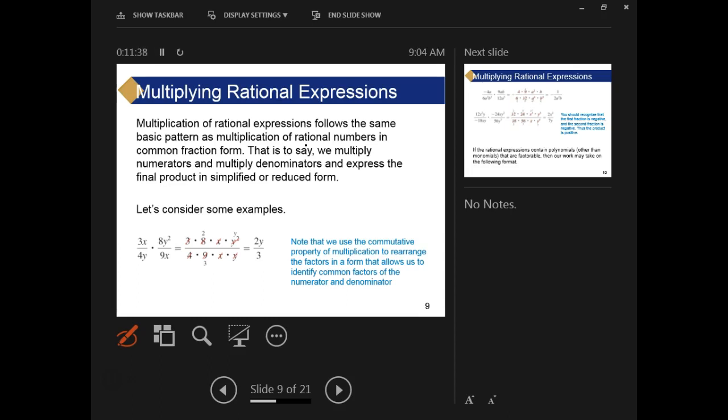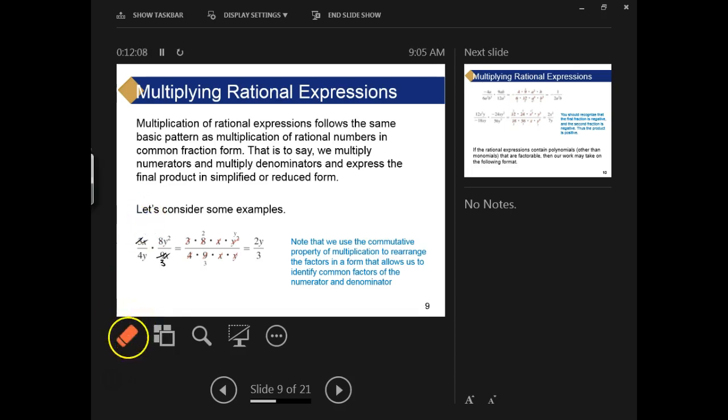So you can split them out like this, or you could do your division like this. Frankly, I would have done this. 3 will go into 9 3 times. Here's the only problem with putting 1s up there. X will go into x 1 time. Now, if I put a 1 up here, you might mistake that for an 11. So you might choose not to put your 1s up there. In this case, I would say not.